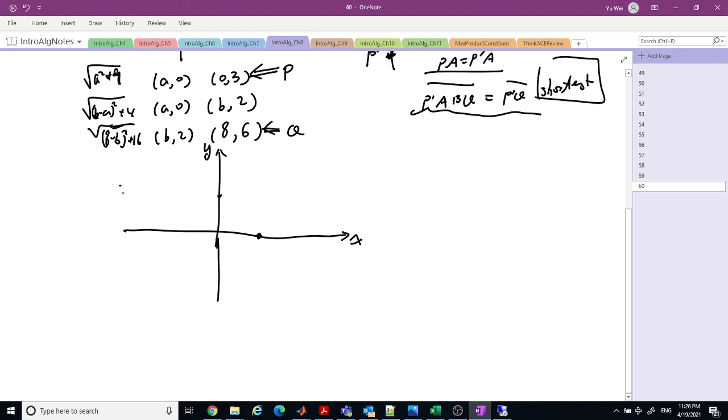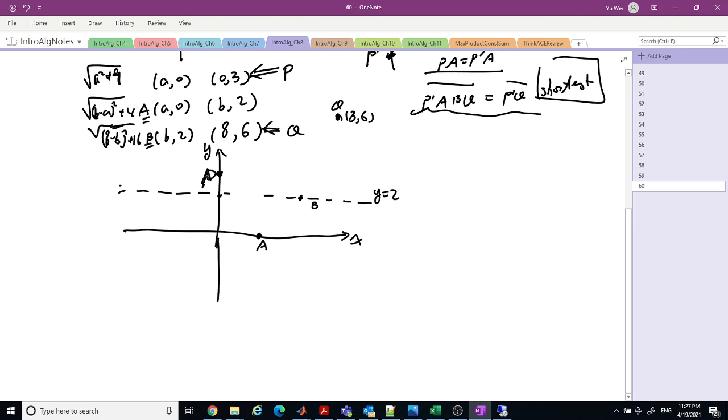So B is on this line, and A is here, B is here, and this is the 8 and 6. This is the Q. This is the P, I'm sorry. So this point is called A, and this point is called B.